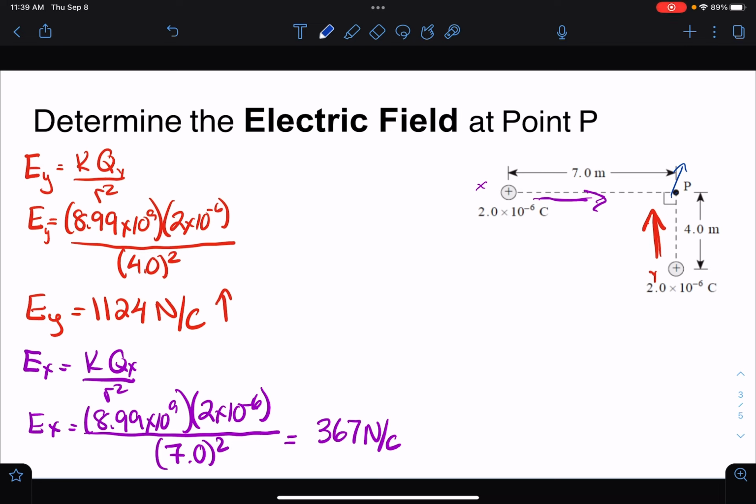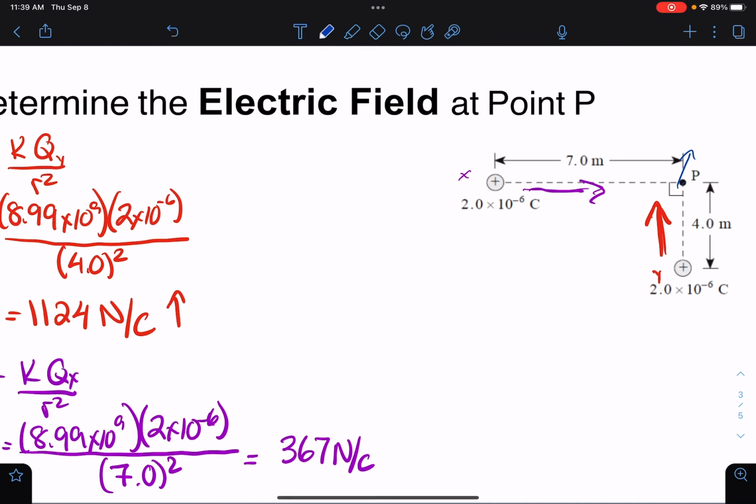Okay, so in this case, if we draw this out, this is our y direction, and then this is our x direction, right? Because anytime we do vector addition, we add them tip to tail, head to tail, whatever term you like to use, and then this would be our resulting vector.